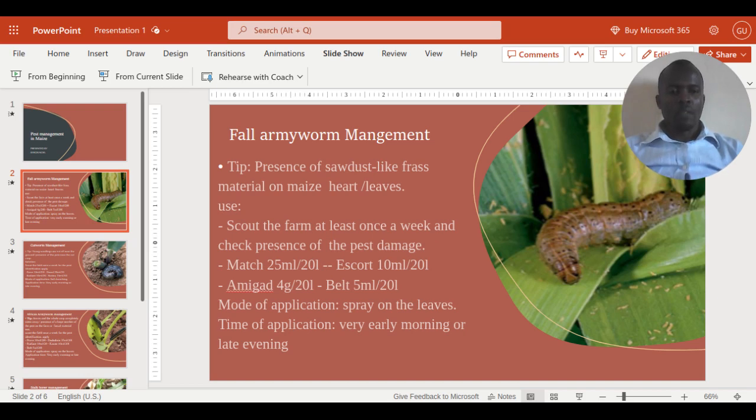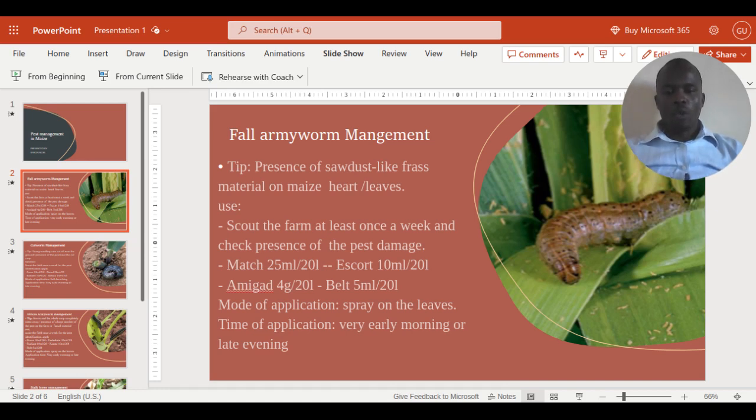What you should do as a farmer, you need to scout your farm at least once a week, very early in the morning or late in the evening, because most of this pest will always feed on these crops early in the morning, late in the evening, or at night. But if you visit the crops during the day, most of them have gone to their hiding zones, so you will not find the presence of this pest within the crops.